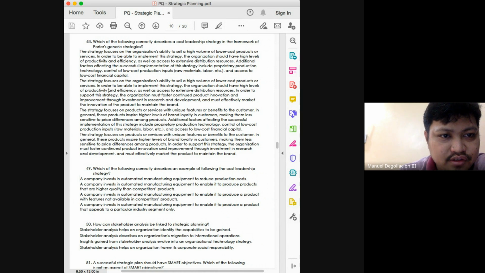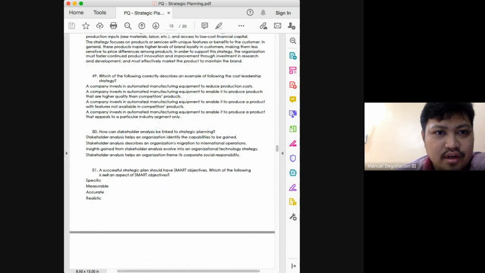Third option, the strategy focuses on products and services with unique features. Differentiation is not the focus of cost leadership. Basically, you offer the same product that is already in the market that is of high demand. So again, out of the choices, the correct answer would be the letter A, or the first choice.